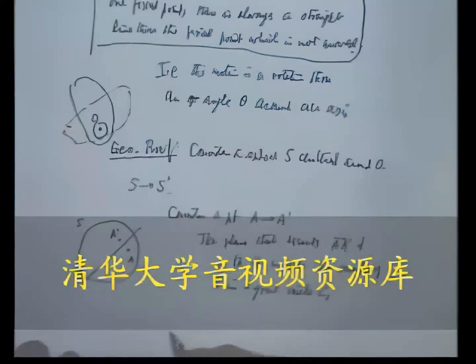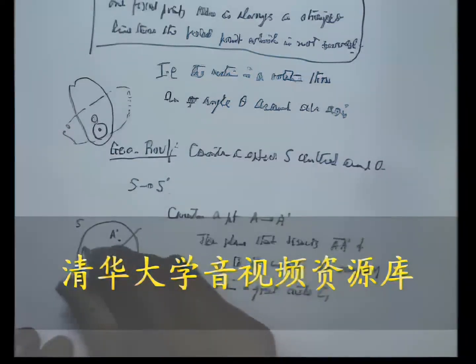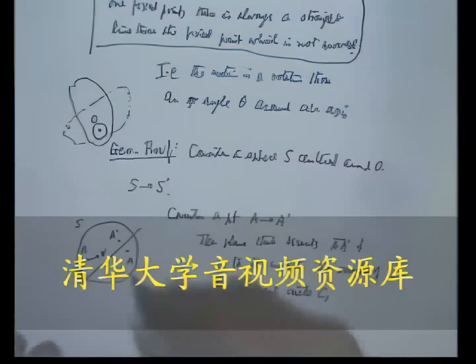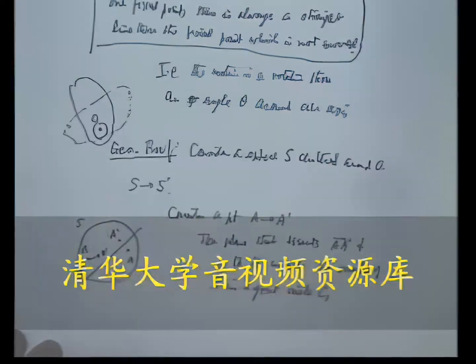Then I take another point B, which goes to B prime. I do the same thing with B and B prime, and then I get another great circle, C2. So I have two great circles.